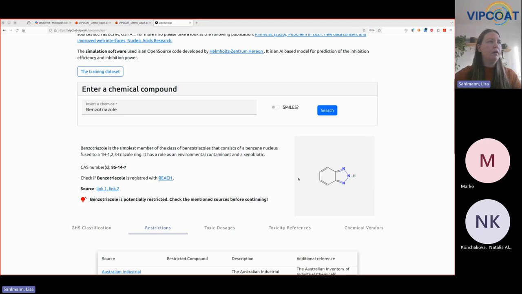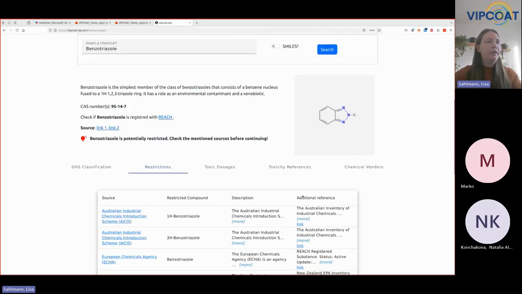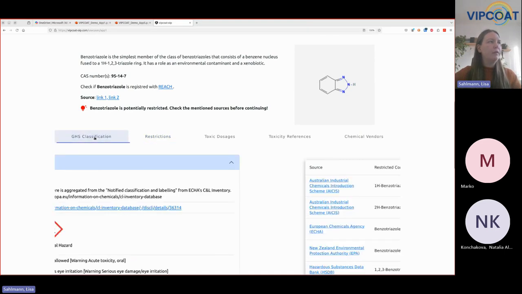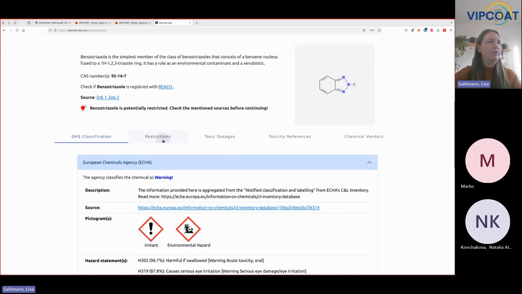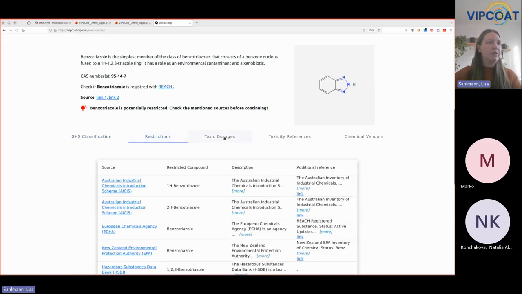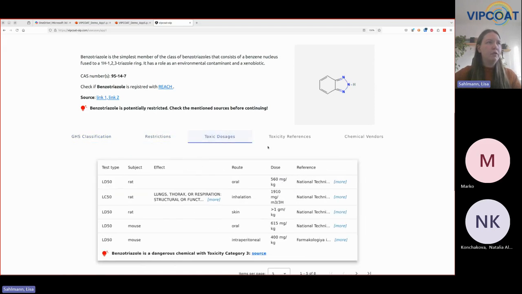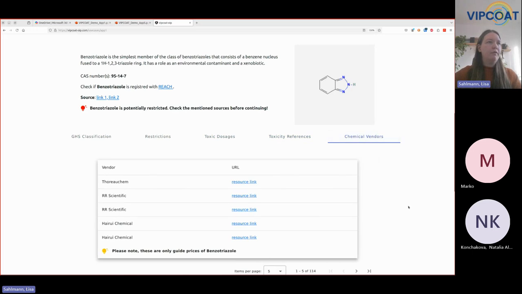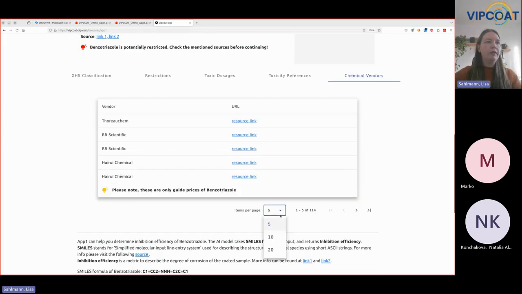You get the CAS number, you get a link to REACH, you see the structure here, and then we have different things linked here on the landing page. We have the GHS classification, we have information about restrictions, toxic dosages, references, and also the chemical vendors. You can take a look here.